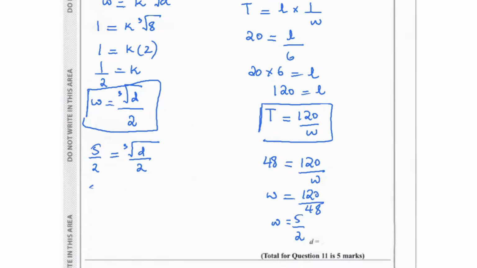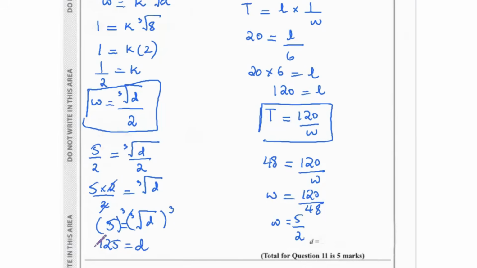Cross multiply: 5 times 2 over 2 equals the cube root of D. They get cancelled out, so 5 equals the cube root of D. To get rid of the cube root, we cube both sides, and that's 125 equals D. So that is your final answer.